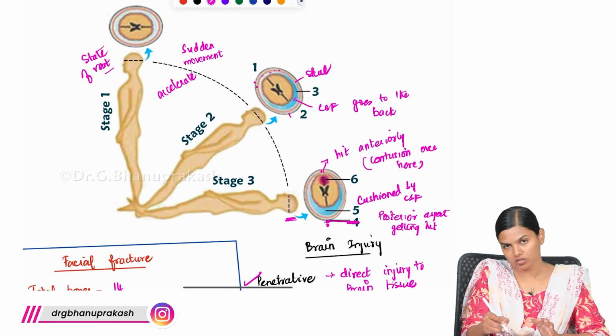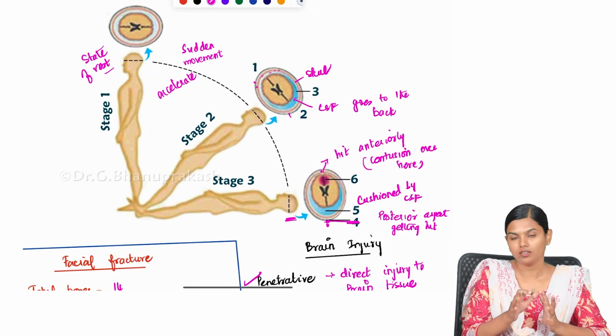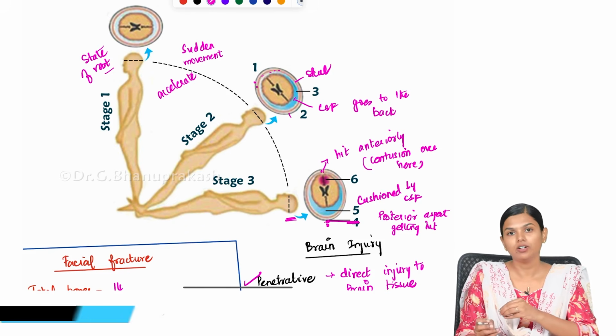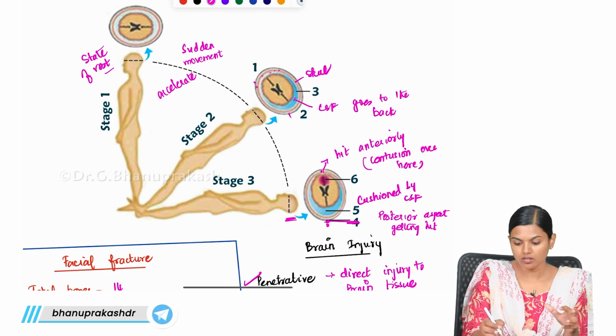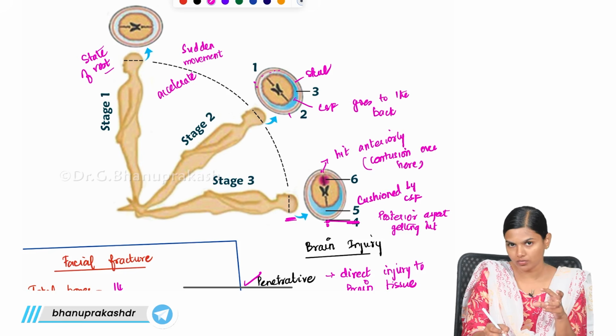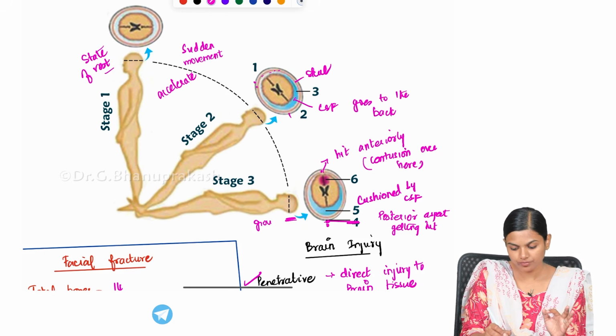When it goes down, the CSF will travel much faster than the brain. So the liquid will travel faster than the solid brain. So this CSF will go to the posterior aspect.